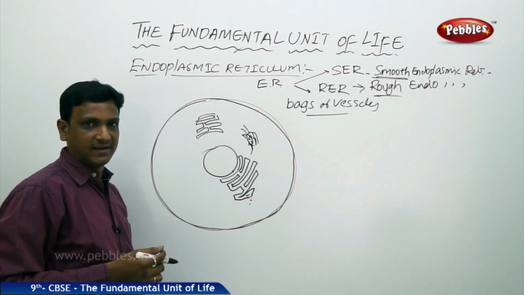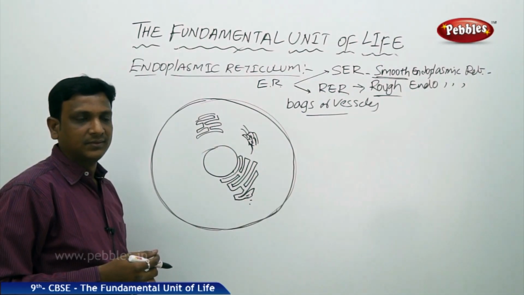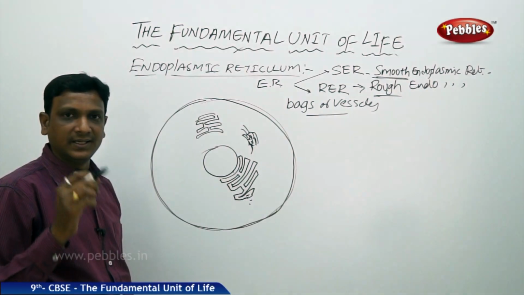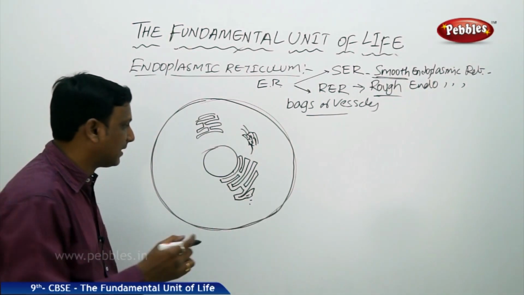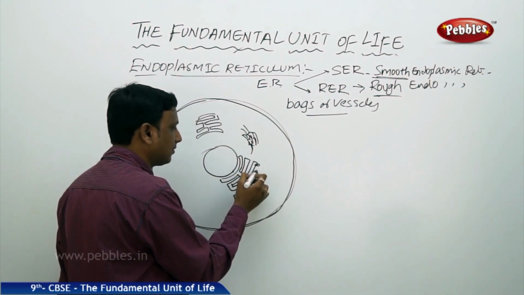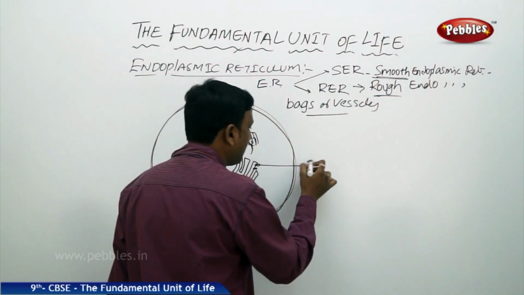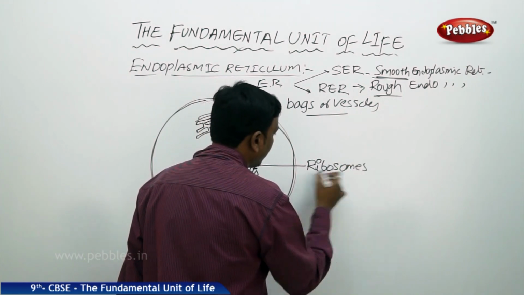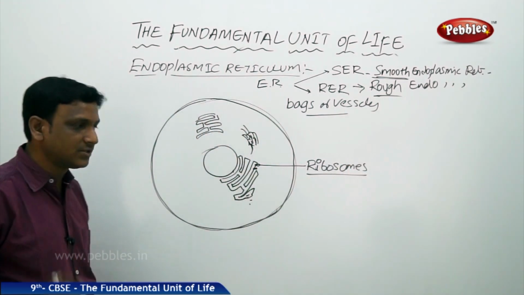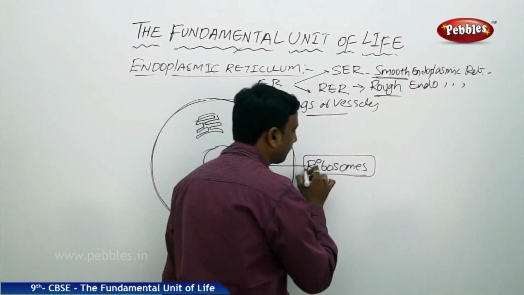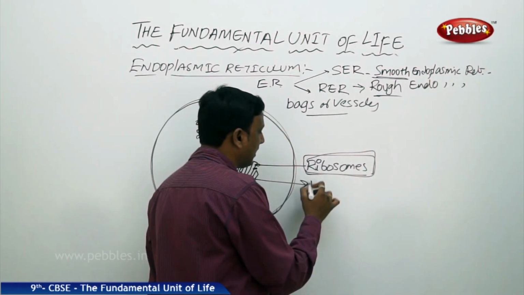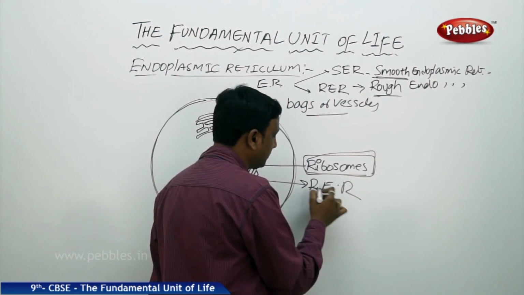What is smooth? What is rough? Certain endoplasmic reticulum consists of small granule-like particles called ribosomes. If the endoplasmic reticulum consists of these ribosomes, it is called RER, rough endoplasmic reticulum.